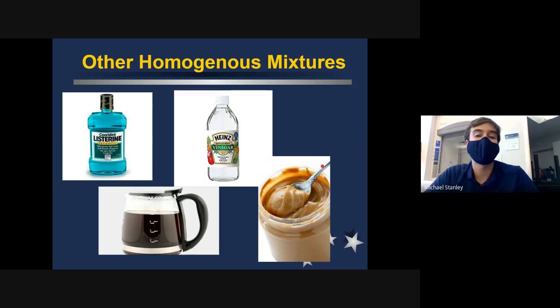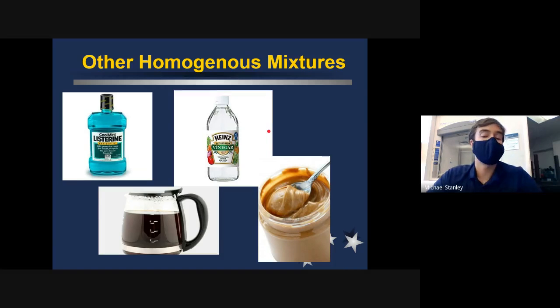So crunchy peanut butter would no longer be 100% evenly and equally mixed. That would not be homogeneous. Only smooth peanut butter is a homogeneous mixture, where every spoonful is the same, because all of the peanut and oil and sugar are totally evenly and equally mixed together.